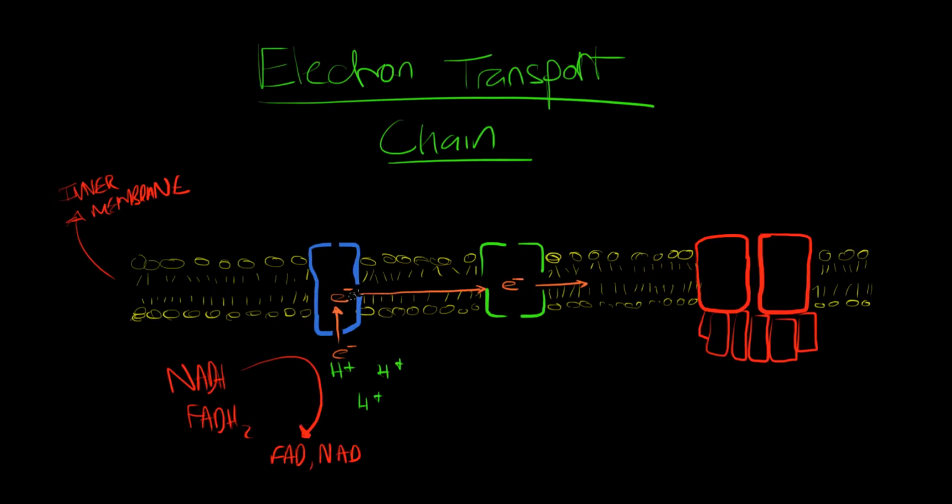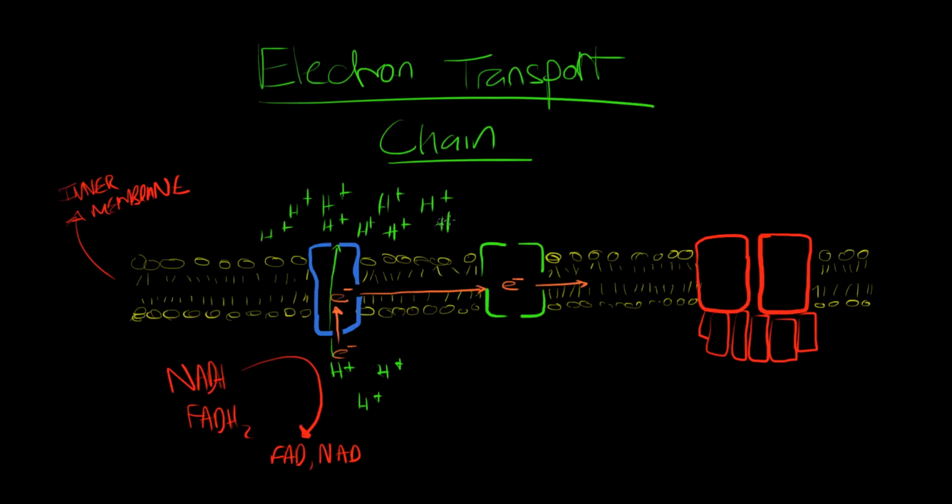And the movement of electrons from these carrier proteins through the bilayer of the inner membrane is what generates energy for the active movement of these hydrogen ions, or the active transport of these hydrogen ions across the membrane. And hydrogen ions then start dominating this side of the inner membrane. And this part of the inner membrane is known as the intermembrane space, okay?